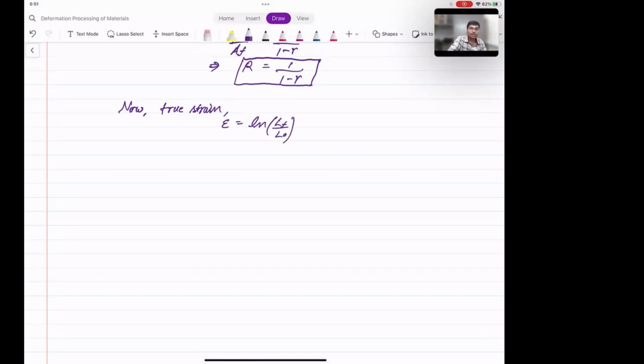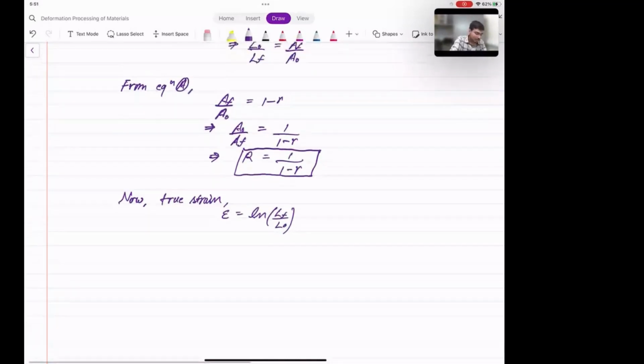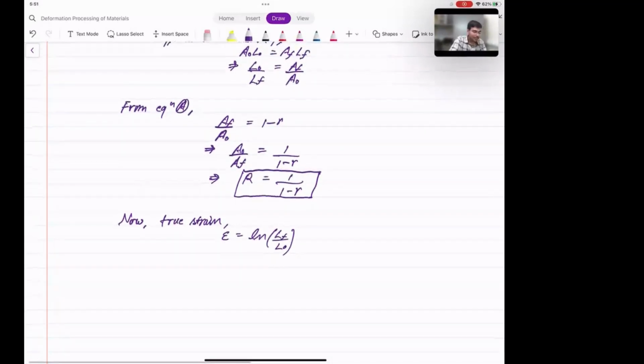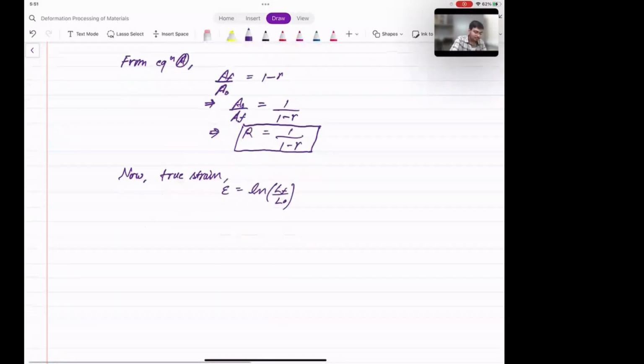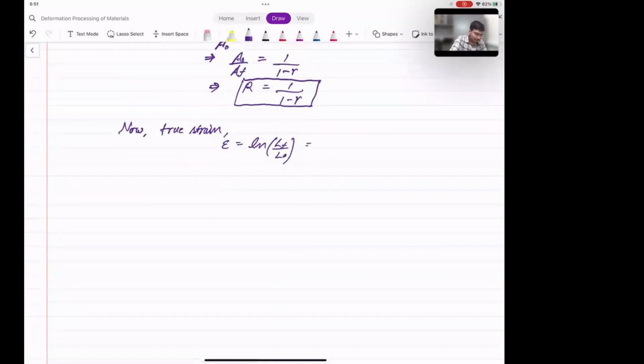Okay. Or this ratio, we have seen that it can also be written as A naught by AF from this relation. So this becomes ln of A naught over AF, and this A naught by AF is nothing but the reduction ratio. So this true strain becomes ln of reduction ratio.